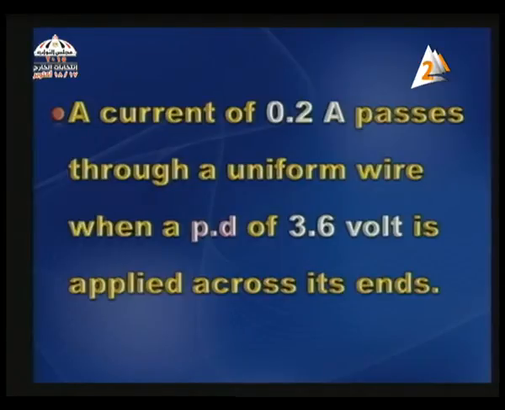The area is constant, so resistance will be proportional to its length. When applying a potential difference of 3.6 volts, a current of 0.2 passes. So we've got enough data to calculate the resistance of the whole wire.